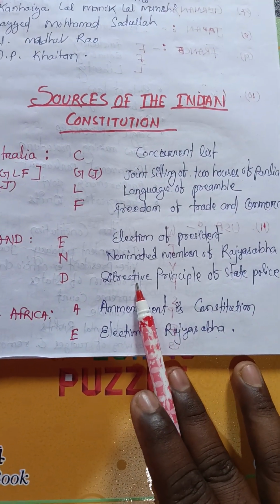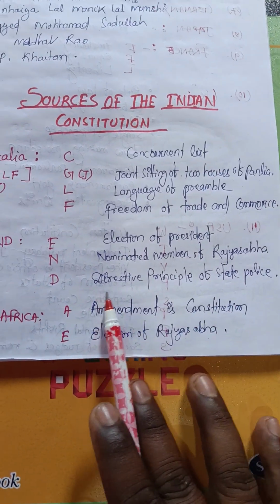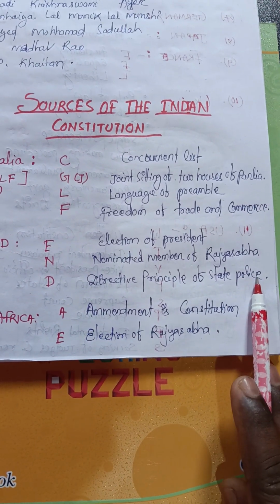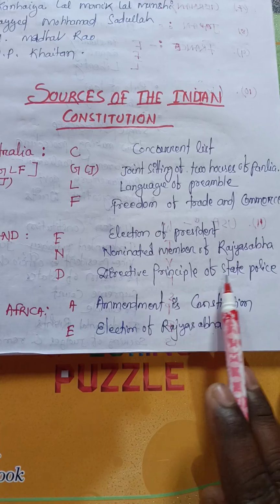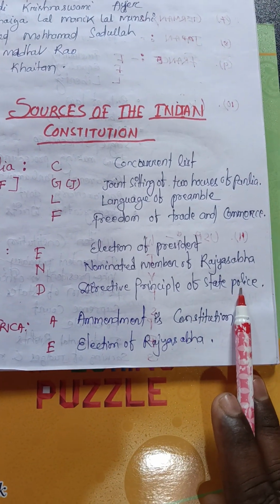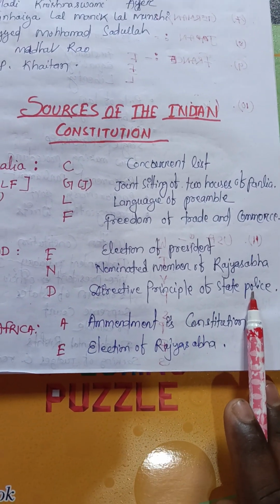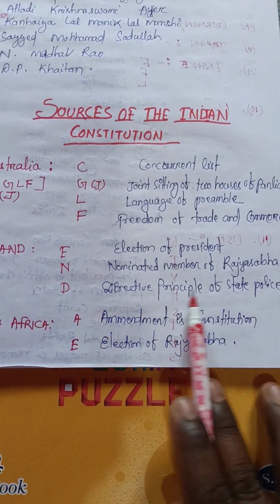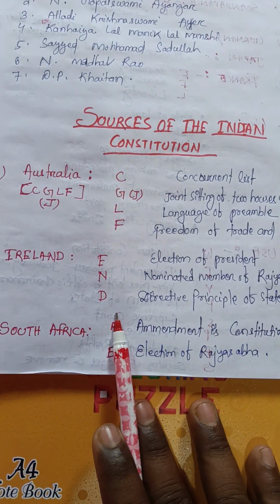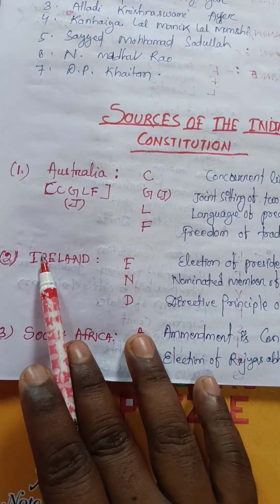Next, the most important fact is the directive principles of state policy. Lots of times you will find this question in your exam. So the directive principles of state policy come from Ireland.